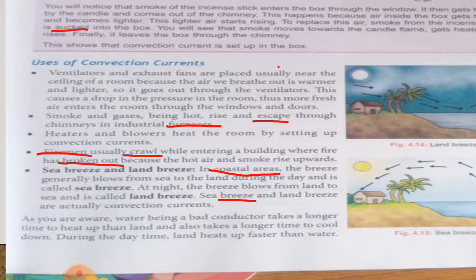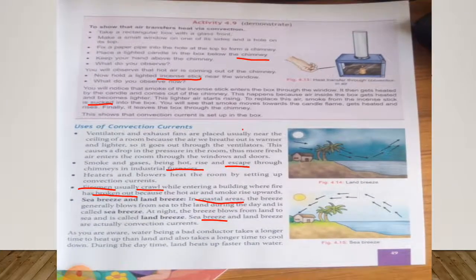This is why water takes longer time to heat up and cool down. This is why land gets heated quicker than water. Okay, do you have to underline anything? No.